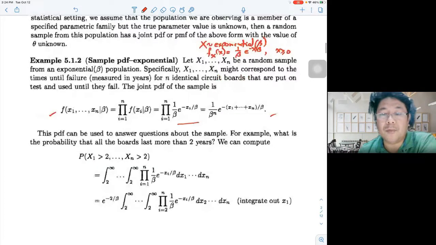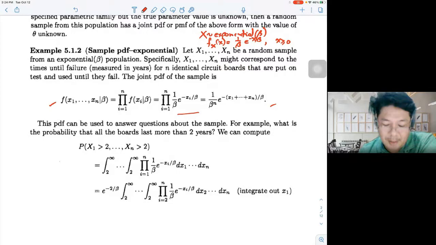Then we can now use this PDF of our random sample to compute, say, the probability that x sub 1 is greater than 2, x sub 2 greater than 2, and so on and so forth up to x sub n greater than 2. According to our definition, that would be equal to these multiple integrals. Then we have here our PDF, the PDF of our random sample, evaluated with dx sub 1 and so on up to dx sub n.